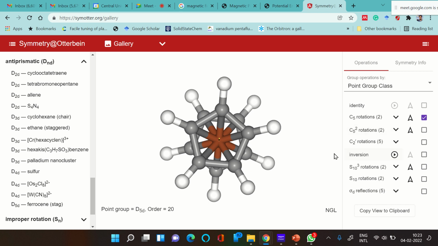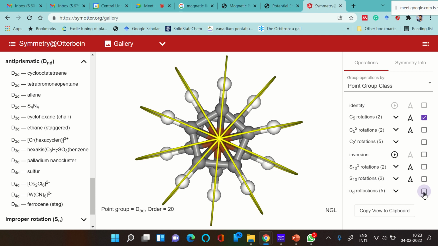Then you also see there is no horizontal plane in this molecule, but there are dihedral planes.